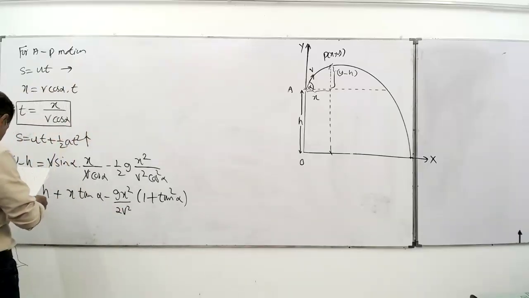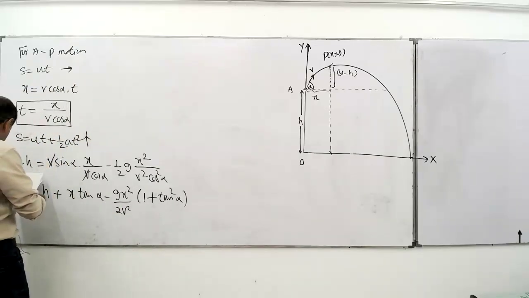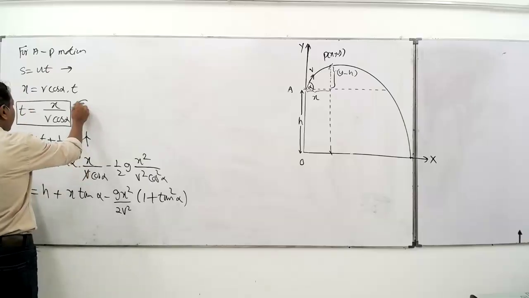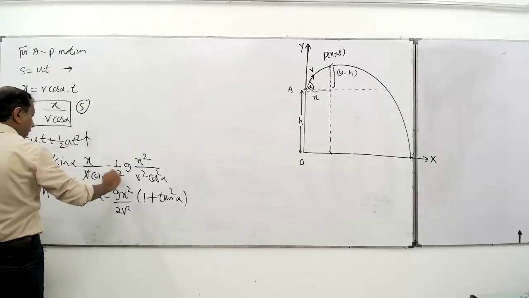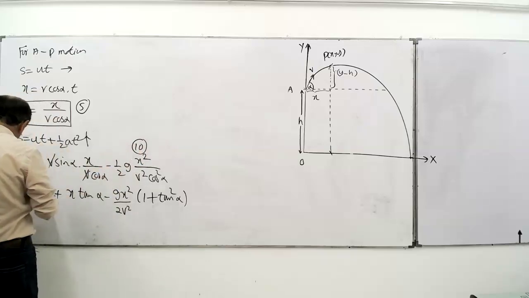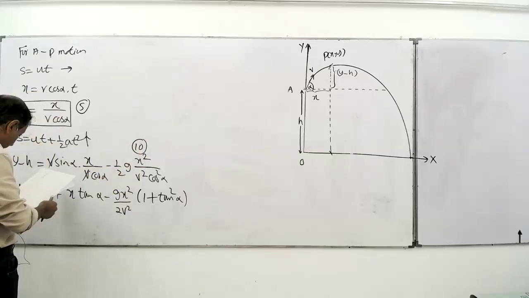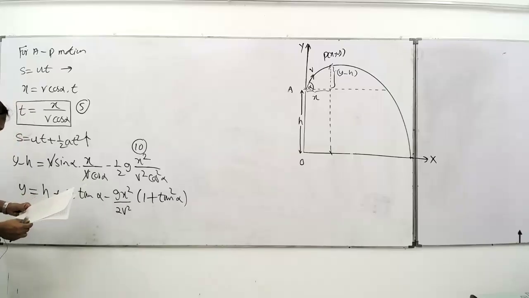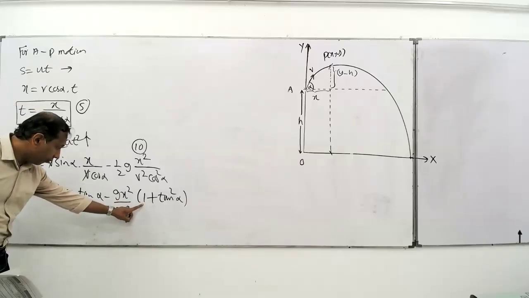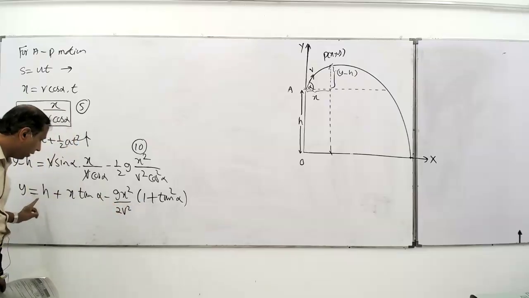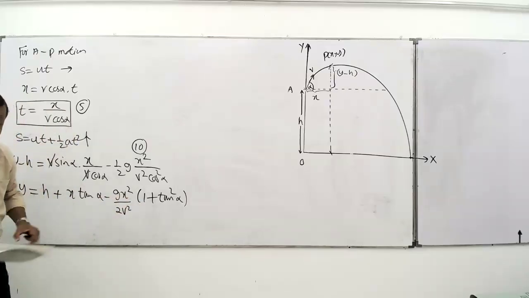Now, here, 2 marks for this, 5 marks applying this, we get 10 marks, right? And people, now you can take the answer. How? Remove the bracket. This and this, simplifying this, we will get the answer.